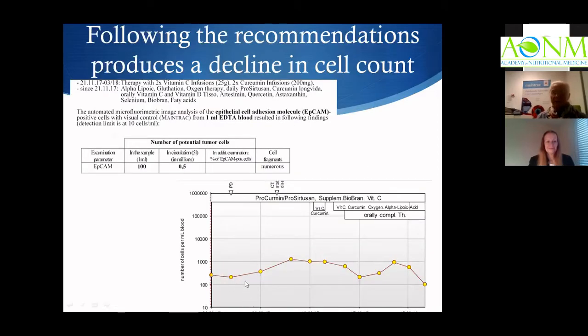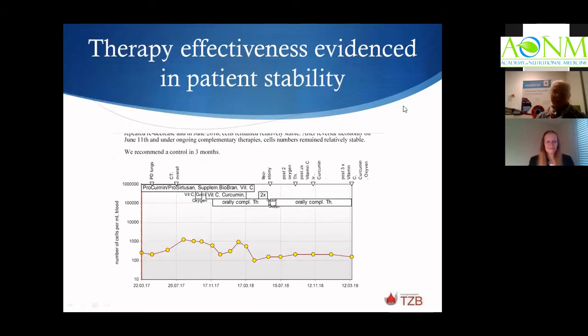Here you see a trajectory of cell numbers over time, and here, although this was varying, you see that the cell numbers nicely decline upon treatment according to what we suggest. And furthermore, that's the same patient.